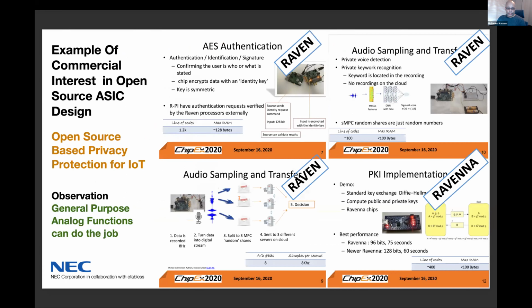Open source chip design in general is useful for multiple things, but the most important part of it is security by transparency. This is an example that NEC worked on with eFabless: for some chips, when you have them open source, you can actually inspect them for Trojans and backdoors, and use it for authentication.